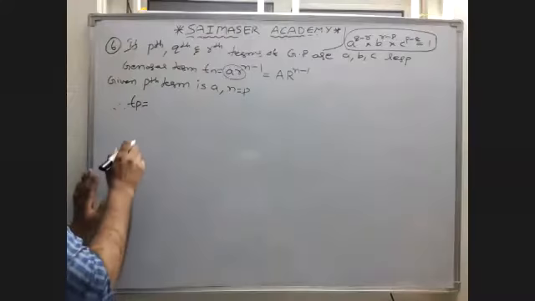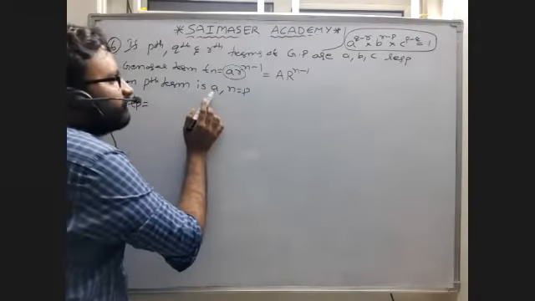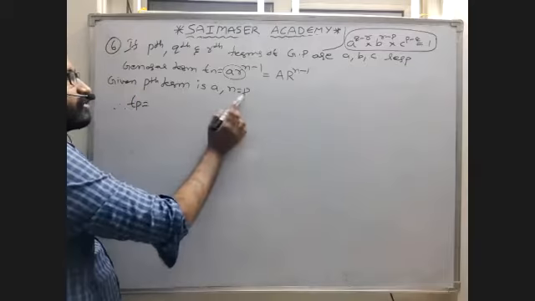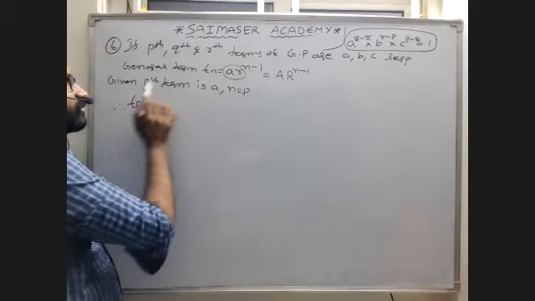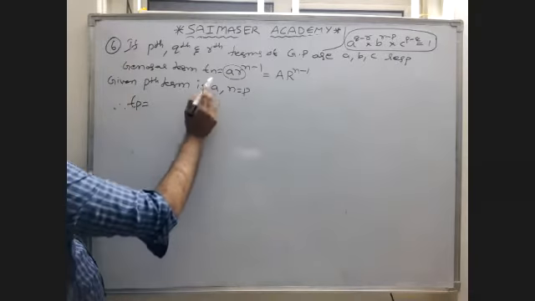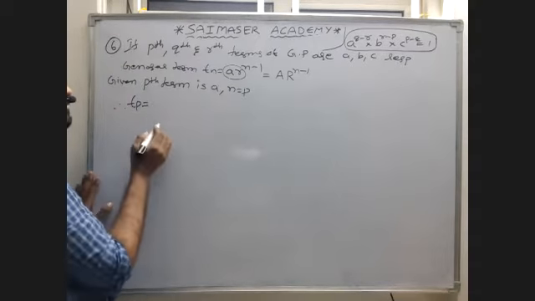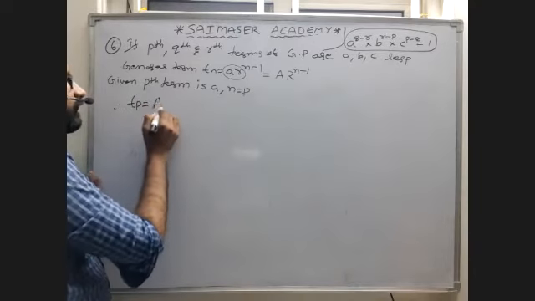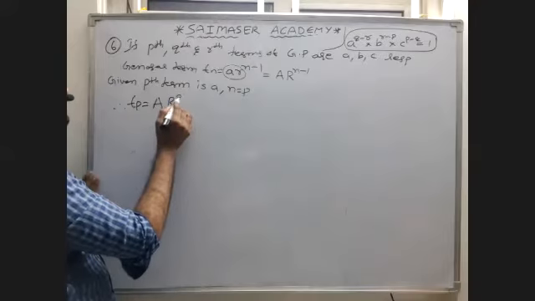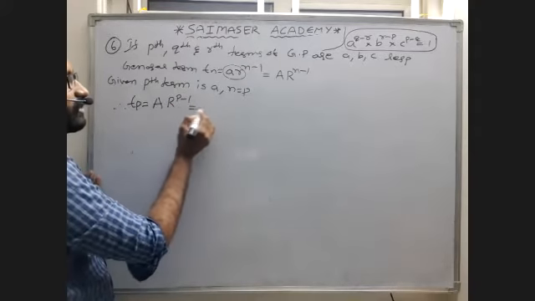Now, pth term is given A. So n is equal to p. For the sixth term, n is equal to 6; for the seventh term, n is equal to 7. We wrote already, right? So Tp, n means p, is equal to A R power p minus 1, which is given as what?